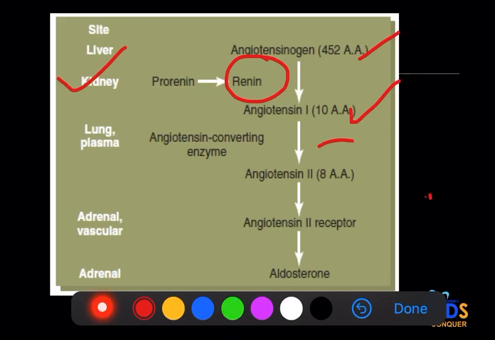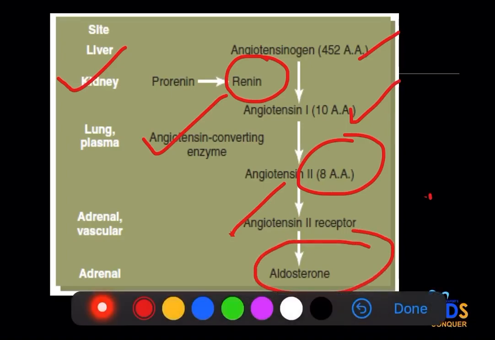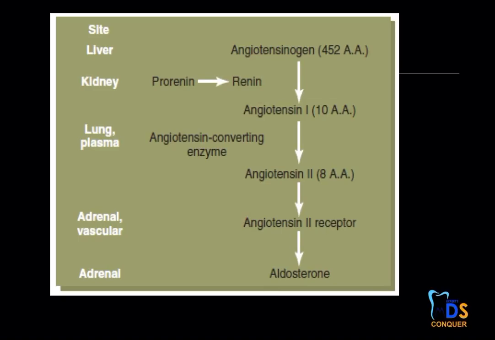Then angiotensin 1 is converted to angiotensin 2 by the enzyme angiotensin converting enzyme, that finally acts on the receptors and produces aldosterone by the adrenal gland. This aldosterone plays a very important role in retention of water and sodium, so that plays a very important role in regulating the blood pressure of the body. So if you put forward all these points, that will be really fetching for you.